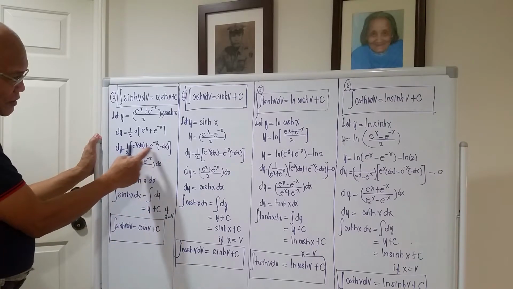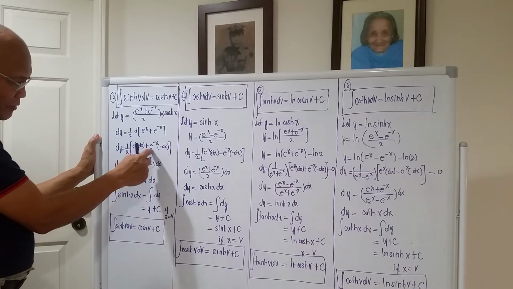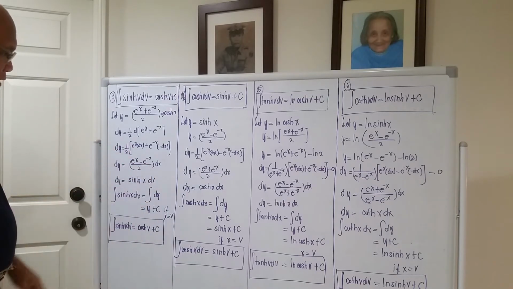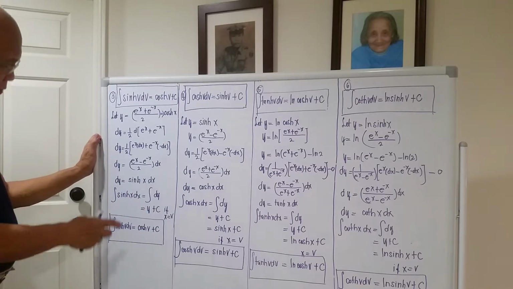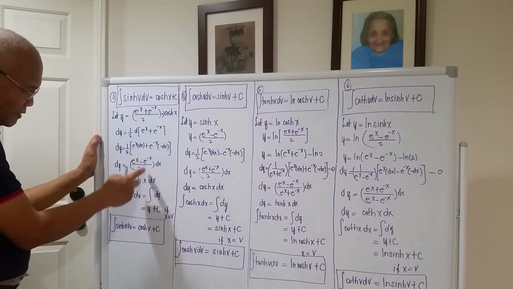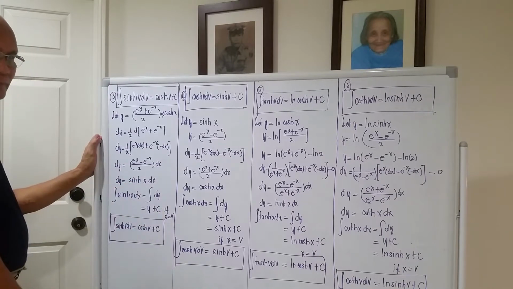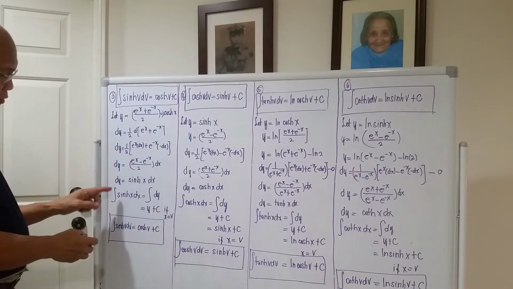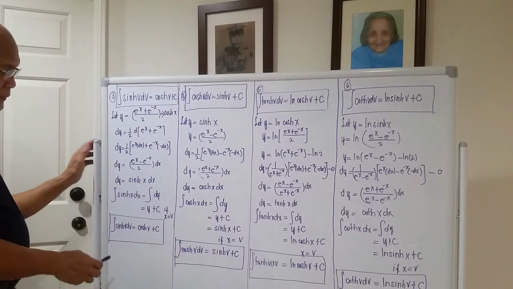This is plus, this is minus, so the second term will be minus e to the minus x over 2. That is after taking the differential. But if we try to recall the equivalent of this exponential notation here, it is actually hyperbolic sine of x. So dy now will be hyperbolic sine of x dx.